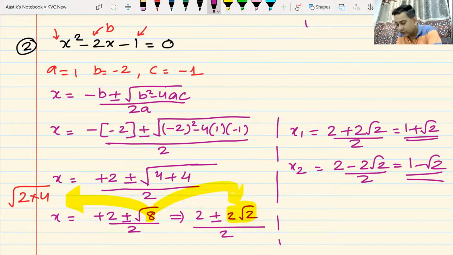If you still don't understand this, you can write the answer as root over 8. That is also not a problem. 8 can be written as 4 into 2. If I take 4 outside of the square root, it will become 2. Do we understand this, Jahangir? The 2 will remain inside, the other 2 will come outside. Okay.